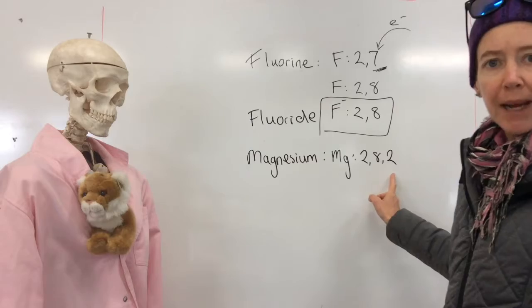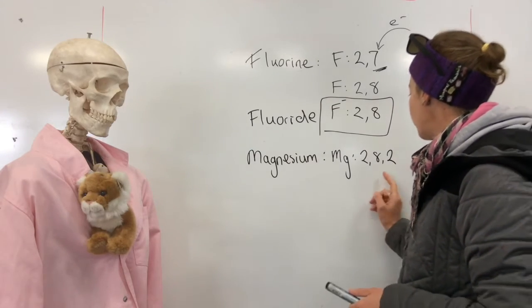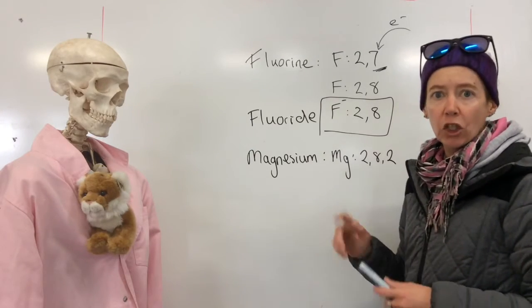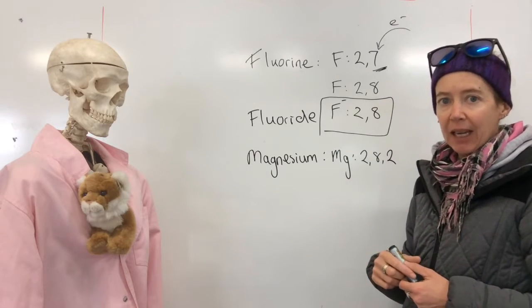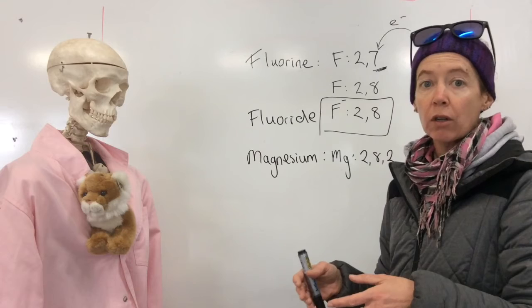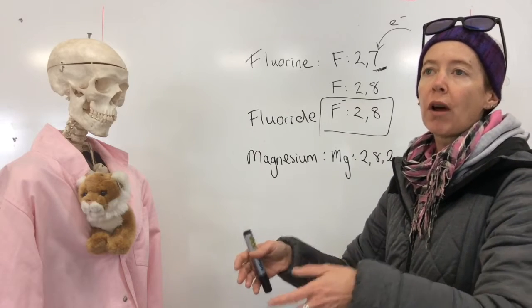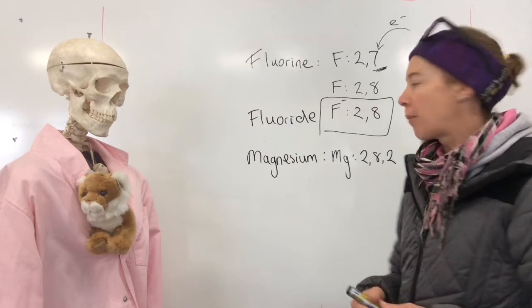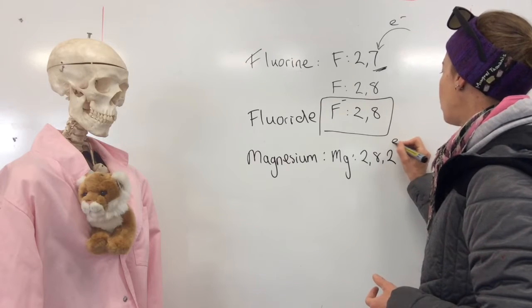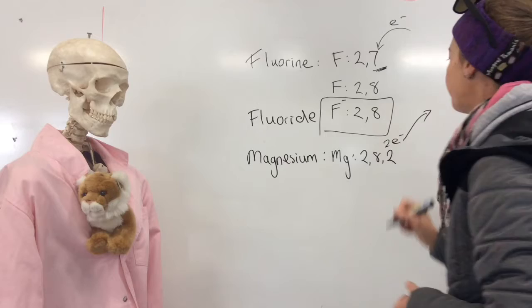In this case, though, with the magnesium, it's got 2 electrons in the third shell. It's going to be easier for magnesium to donate those 2 electrons than to try and accept 6 off another element. So what's going to happen here is that magnesium will donate 2 electrons.